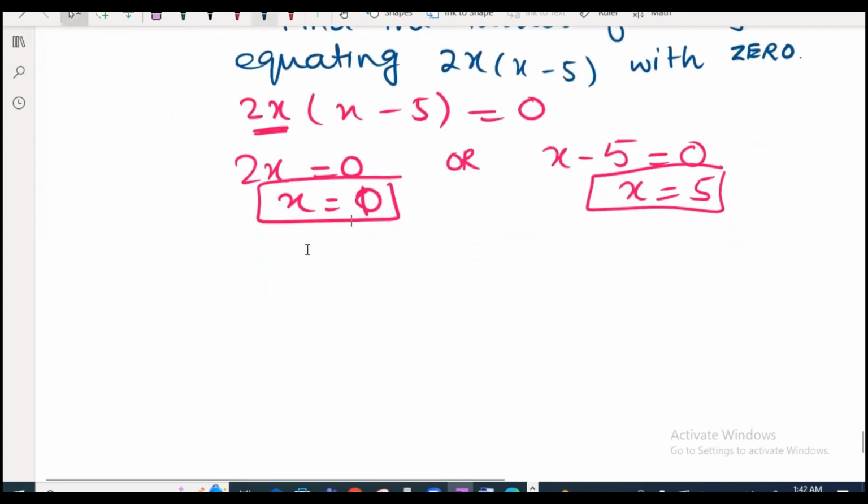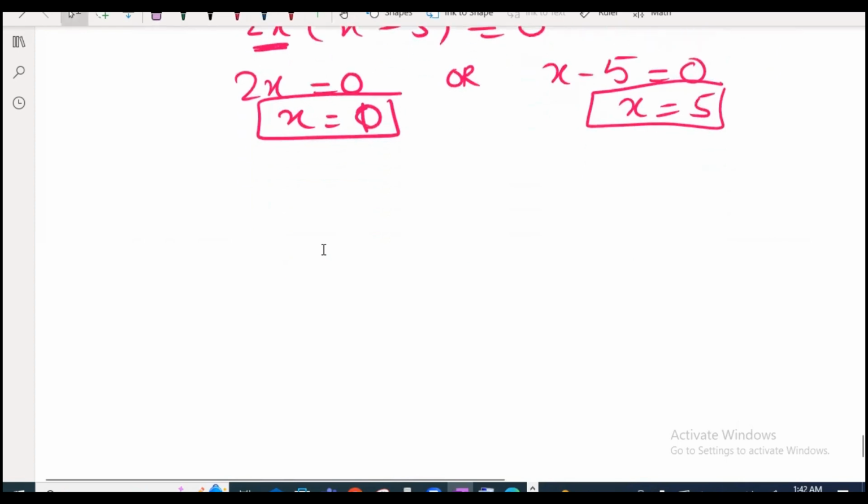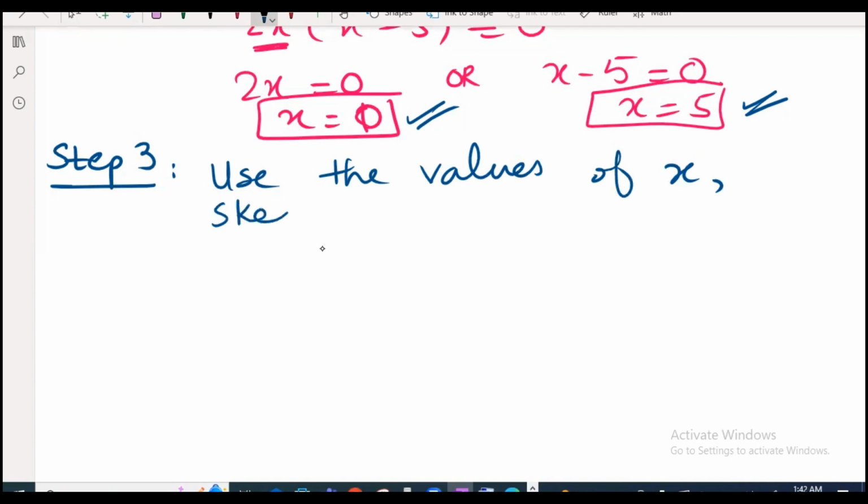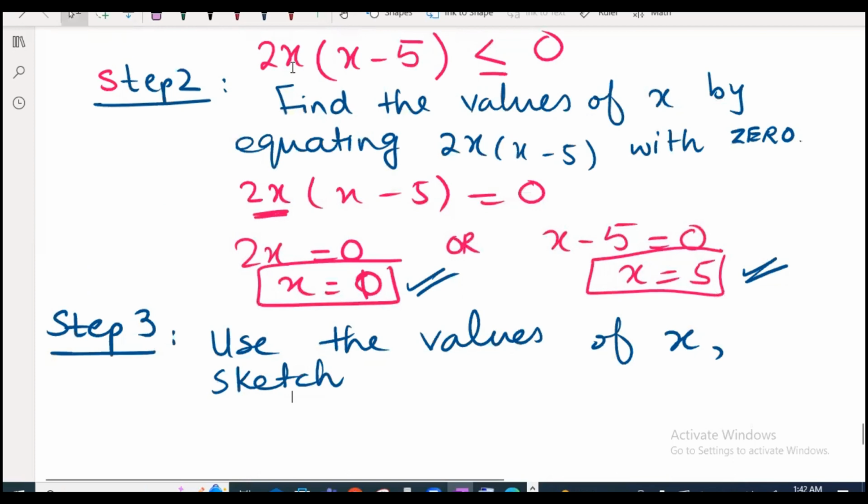Now step number 3. Step number 3 is use these values of x to sketch this 2x times x minus 5 lesser than or equal to 0.